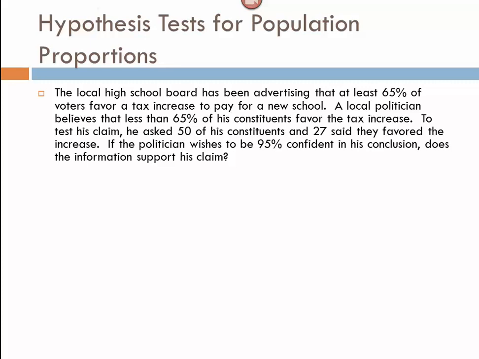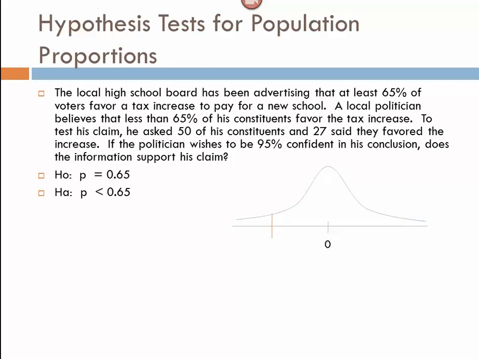In this case, again, we're dealing with a proportion. The believed proportion of the population is that 65% or 0.65 favor the tax increase. The local politician believes it's less than this, so our alternative is that p is less than 0.65.